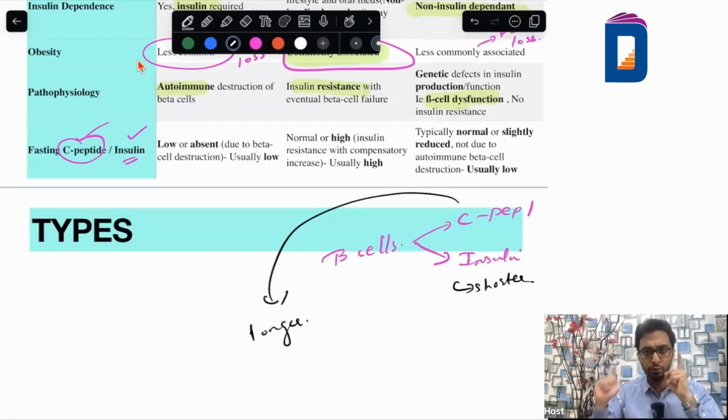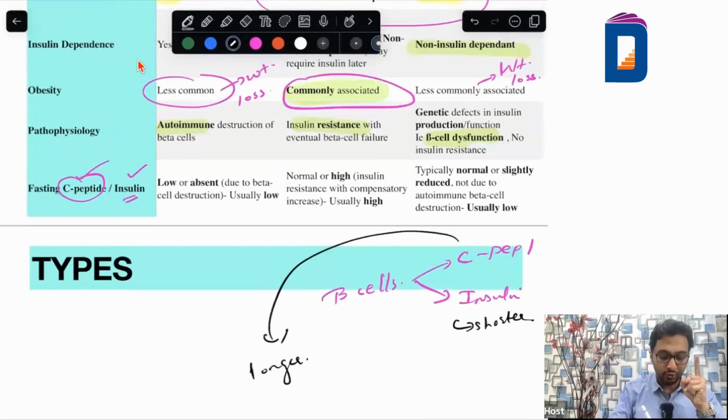Am I right? Because both are released together from the same source in the same amount, please note, same amount. So if insulin is gone due to shorter half-life, C-peptide will tell you how much insulin was there. Now, if, for example, no C-peptide is there, what does it mean? No insulin was there. Okay, so this is important.